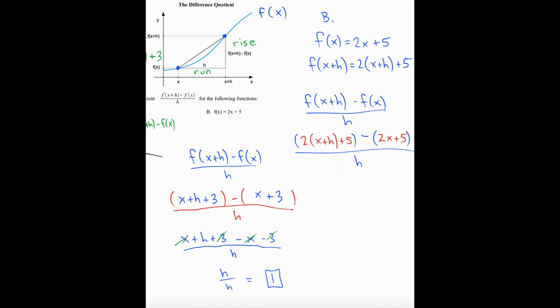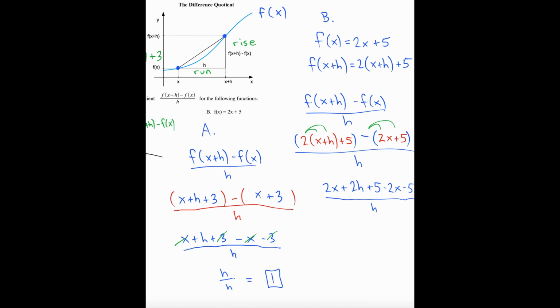All right. Now let's try to simplify. I'm going to distribute the 2 to both of these, and I'm going to distribute that negative as well. So we'll get 2x plus 2h plus 5 minus 2x minus 5, and that's over h.